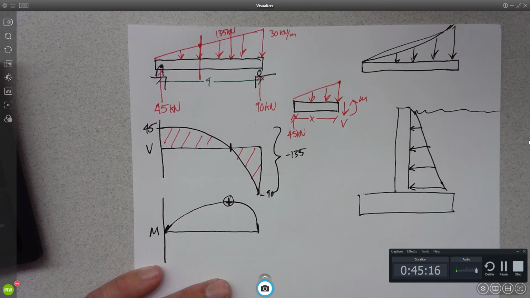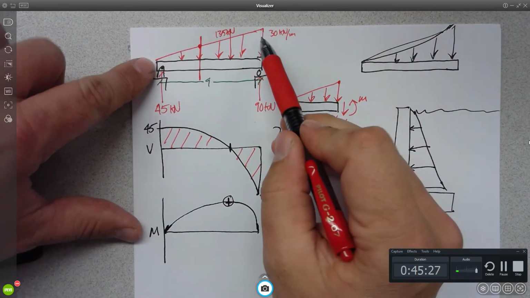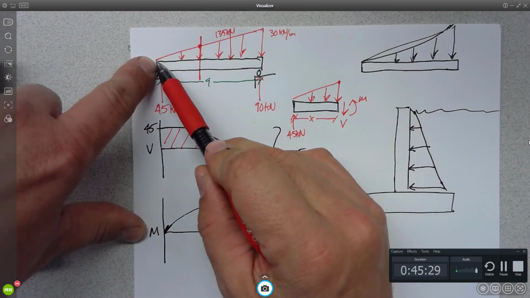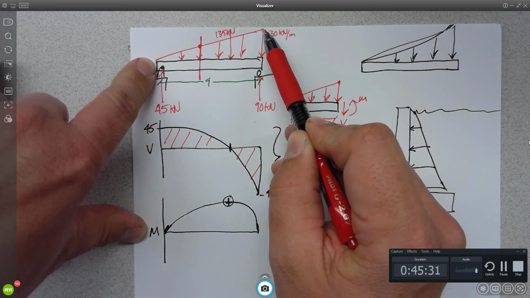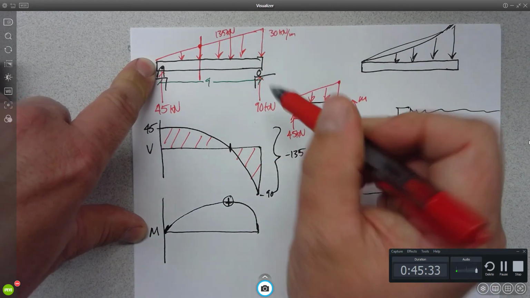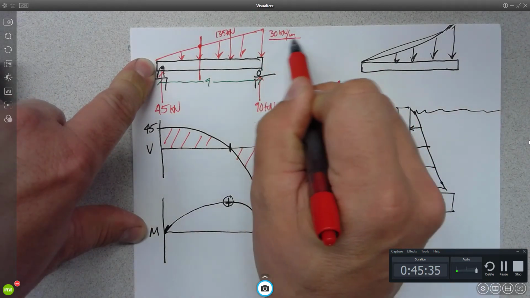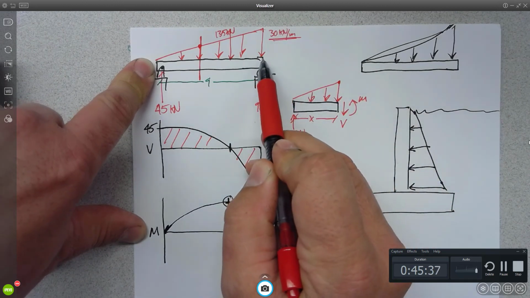One half of 30x? No. So the distributed load is going from 0 to 30, right? This is the magnitude. This isn't the equation of the line. This is the magnitude at the right-hand side.